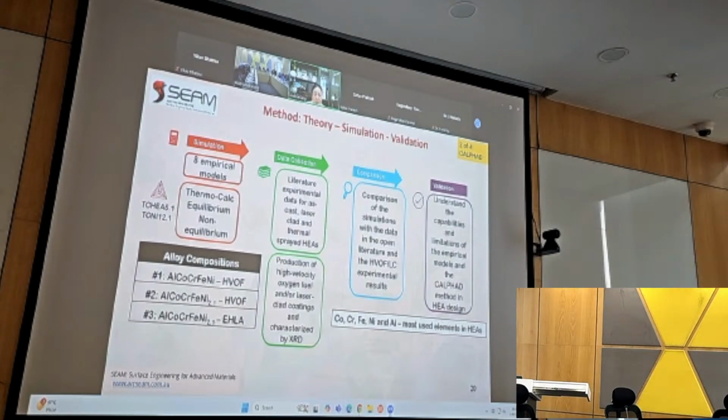HELA is a high-speed laser process, so again it uses a laser. They have very high particle speed. They have the same concept of heating up the HEA to the melting point and quenching it. And we want to see how well we can trigger that and make some predictions.